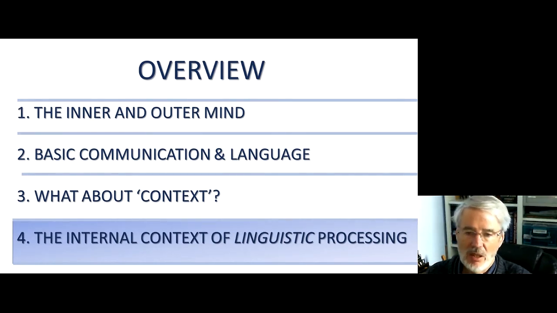And finally, we end up with the internal context of linguistic processing, and now you know what I mean by linguistic processing in this very specific sense, and you know that by linguistic I also include bilingual, multilingual as well as monolingual processing.